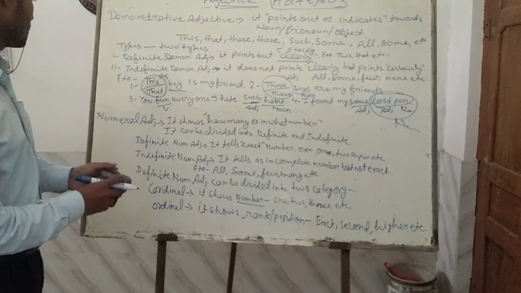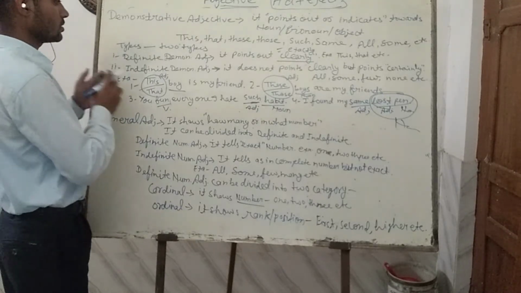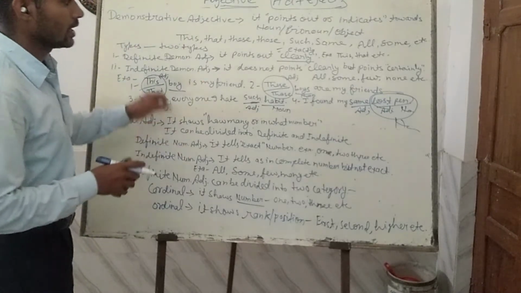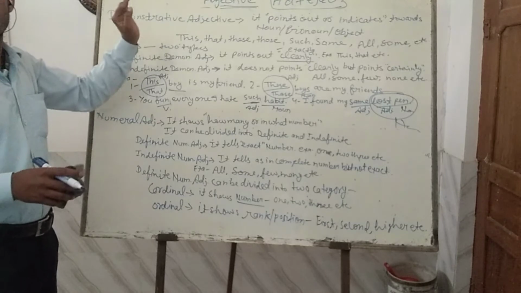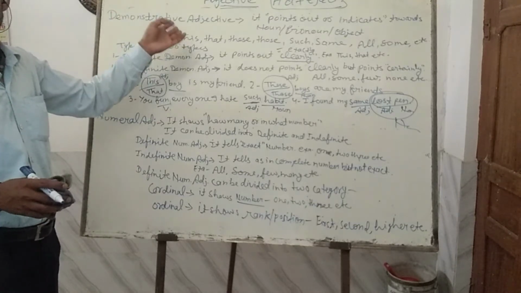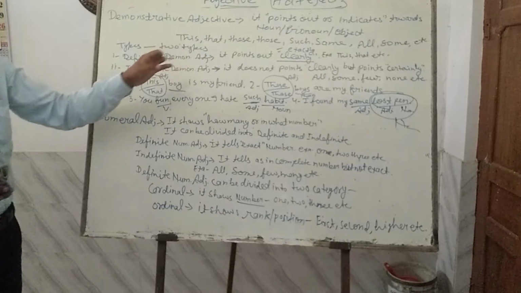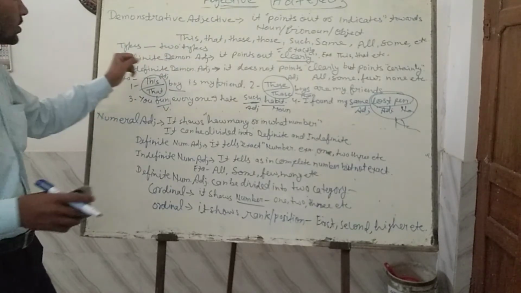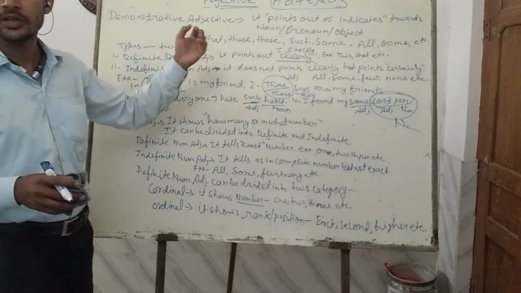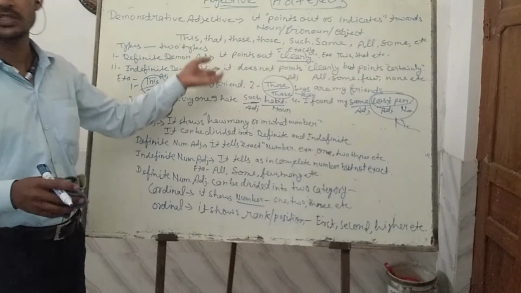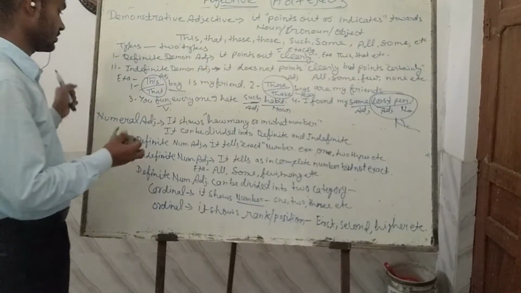After this, indefinite demonstrative. I think it is clear how definite adjective points out or indicates towards a noun or its object definitely, by showing certainty or clearness.